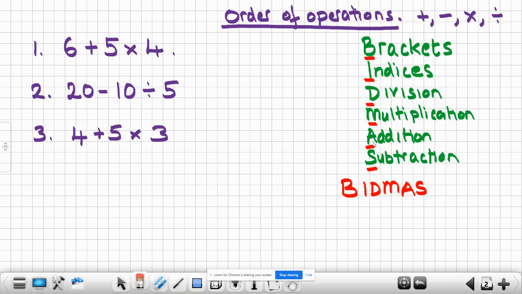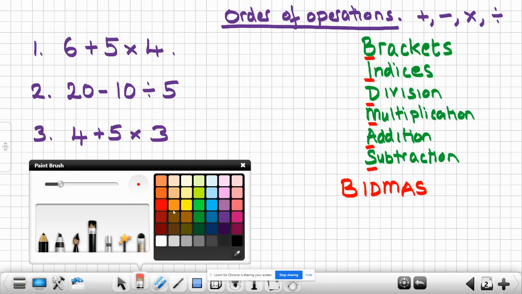But I think if you stick to one acronym, one set of letters, then that's what you've got to do, and just try and relate it to what these different operations are. So BIDMAS. I have seen variations such as BODMAS or BOMDAS. And that's because these two are interchangeable and we can refer to indices in different ways. But I think to avoid complication, let's stick with this, BIDMAS.